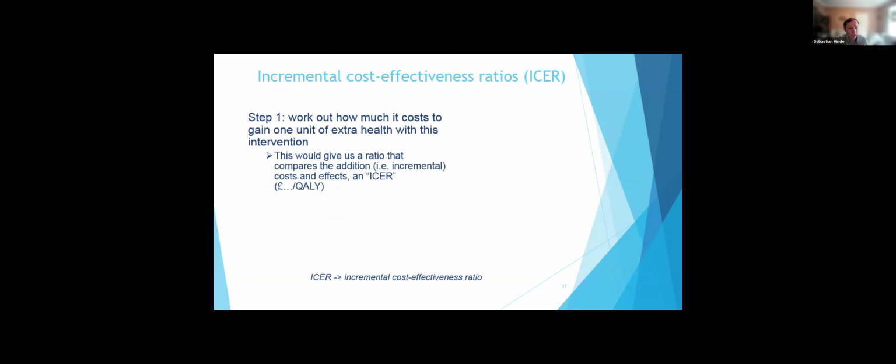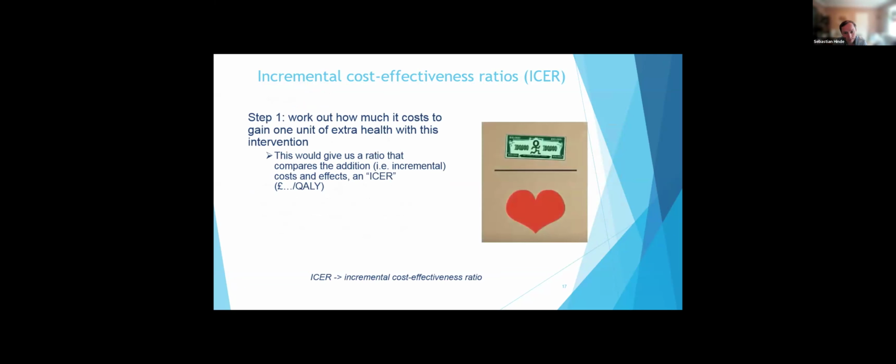So we work out the incremental cost effectiveness ratio, which always sounds very complicated, but it's actually a relatively simple idea that you just need to work out how much it costs to gain 1 extra unit of health with the intervention. So it's this quite simple idea of how much it costs over the health gain from this new intervention. And then the second step is to compare this ICER, the incremental cost effectiveness ratio, with the same thing that we'd have to stop affording.